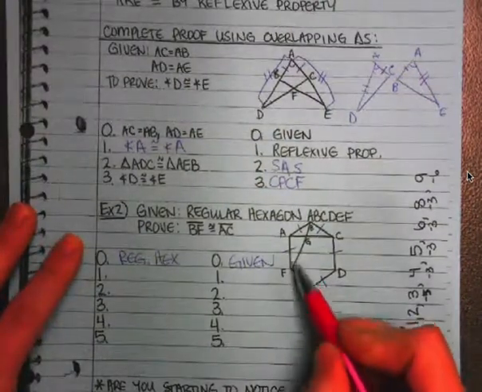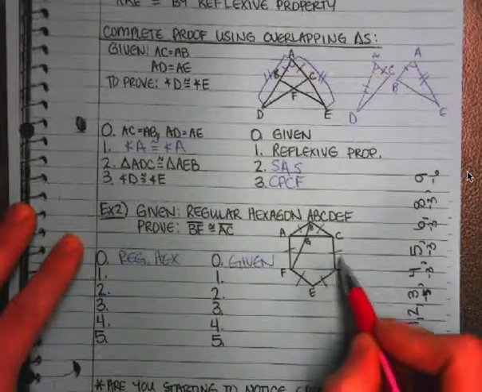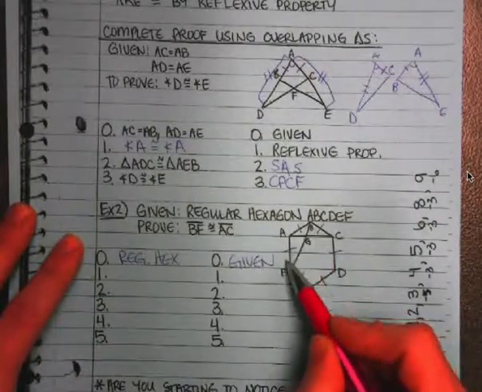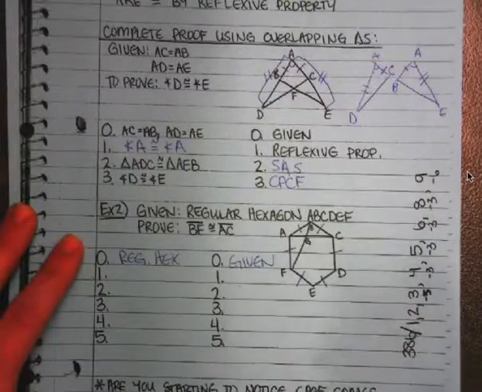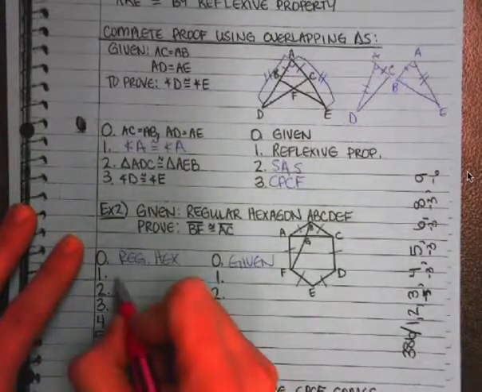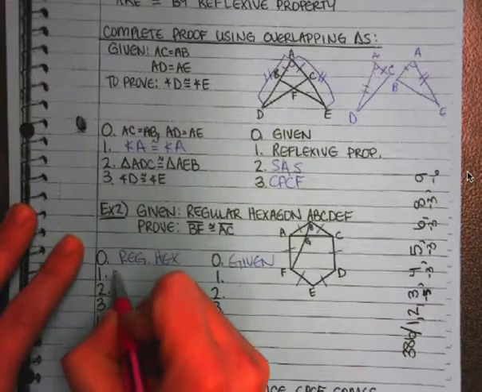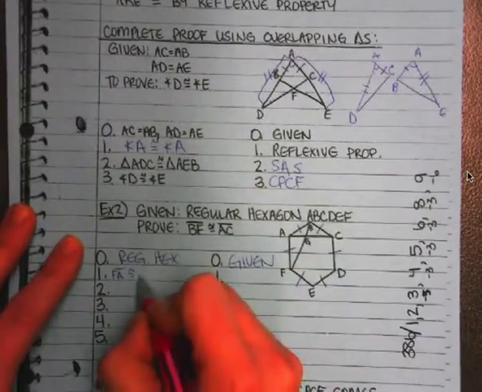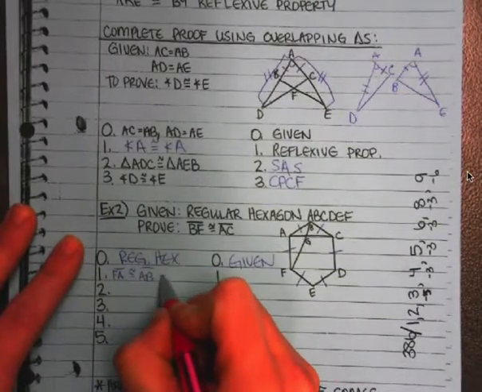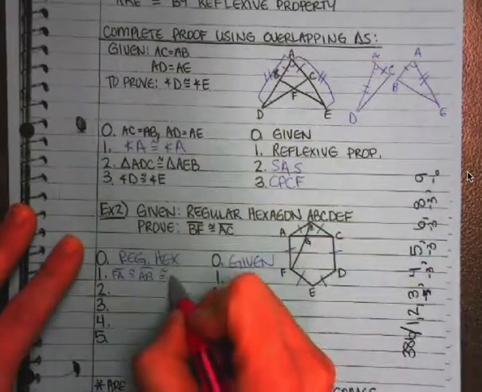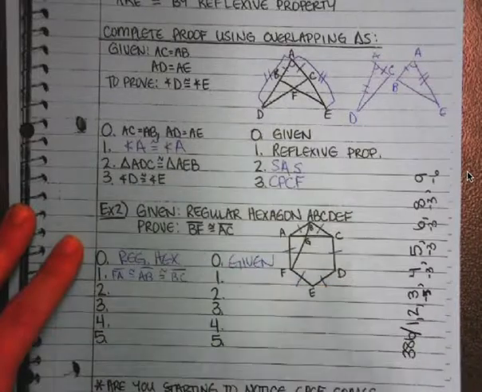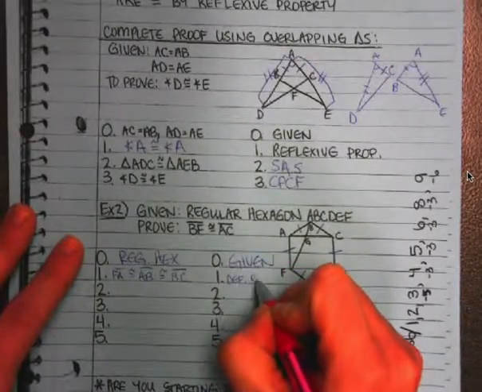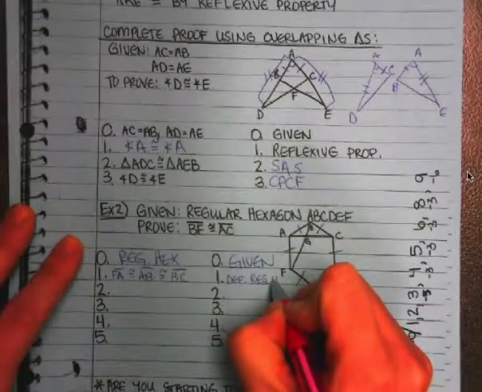I could write all of these, but I'm guessing I'm not going to use these 3. Just because we're using triangles, I'm guessing these 3 up here are going to be of interest to me. So FA is congruent to AB which is also congruent to BC. What is that? Definition of a regular hexagon.